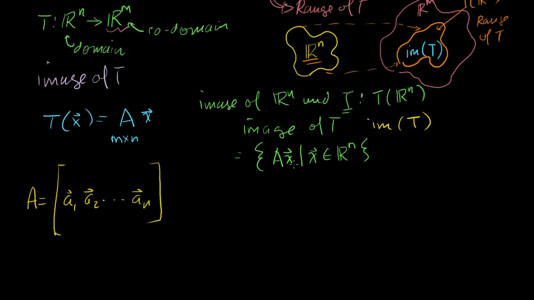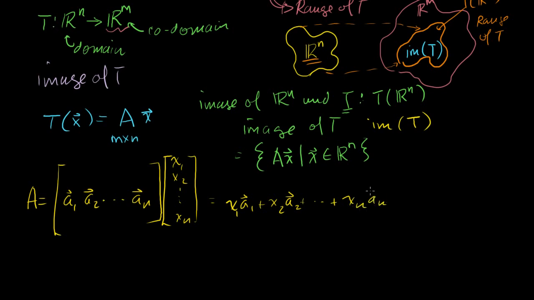And so A times any x that's a member of Rn, where I multiply x1, x2, all the way to xn, we've seen this multiple times. This is equal to the scalar x1 times a1, plus x2 times a2, all the way to plus xn times an.